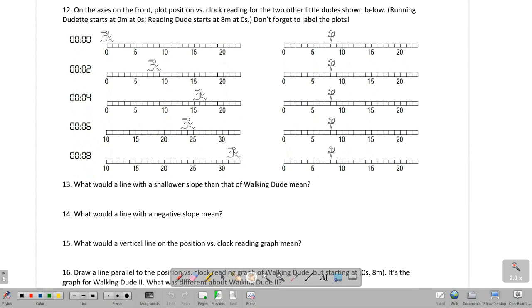Number 12. It now wants us on the front page, so we're going to have to flip back and forth here. Plot position versus clock reading for the other two little dudes shown below. I'll need to use some different colors here, so let's go with blue.